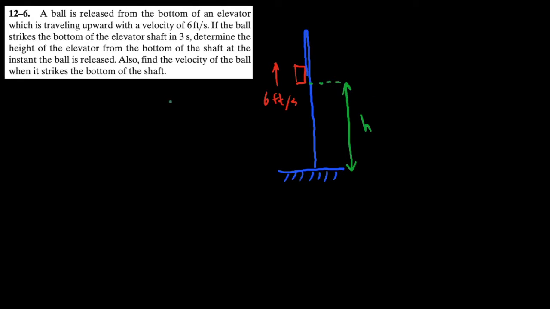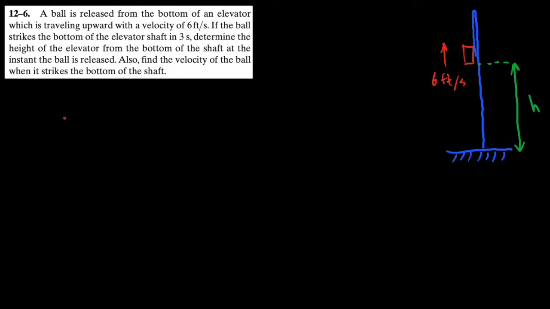This indicates one thing we're calculating, because it says determine the height of the elevator from the bottom of the shaft, as well as the velocity of the ball during collision with the floor. All right, before we solve this, let's start by writing out the information we have.